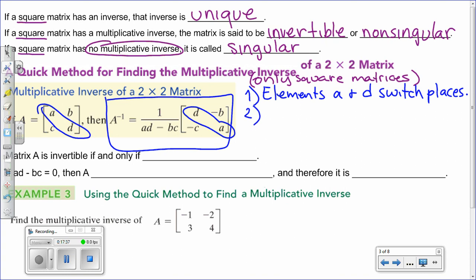And then elements B and C will change to their opposite sign.